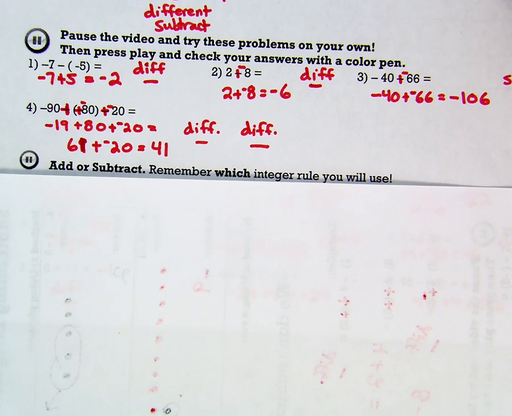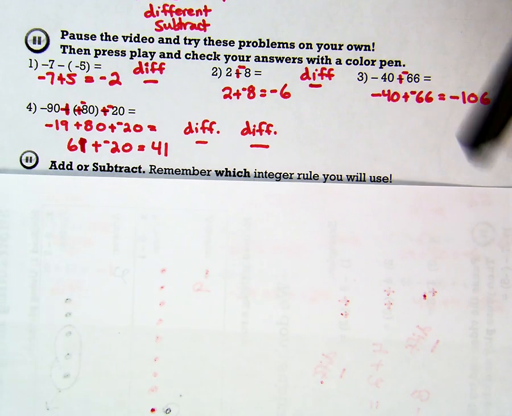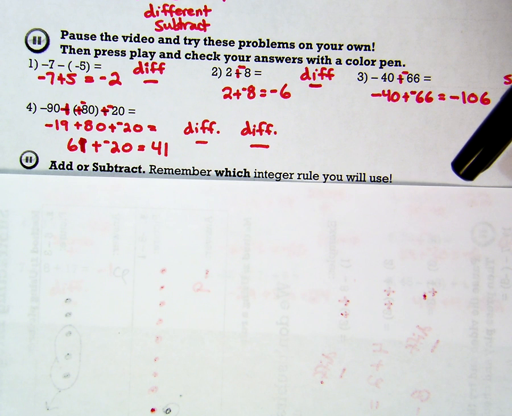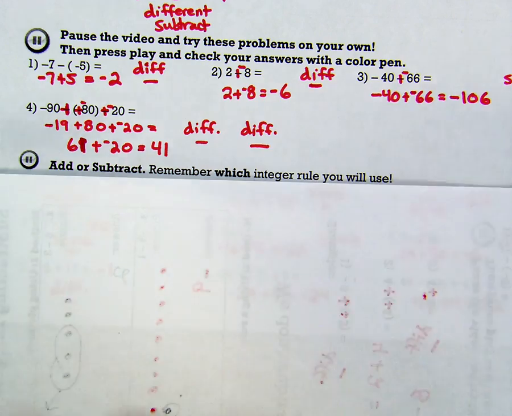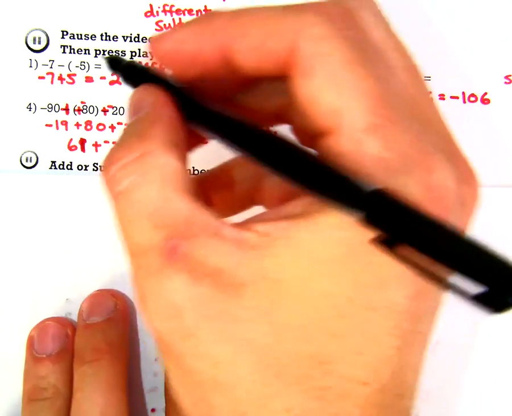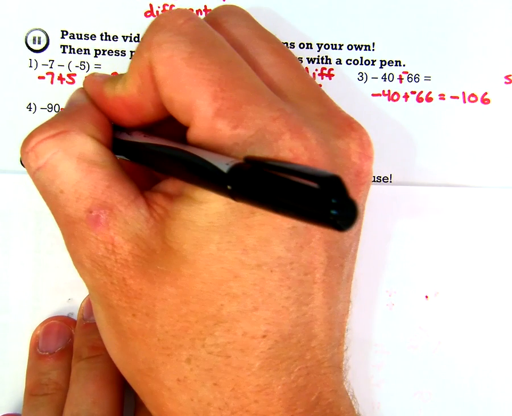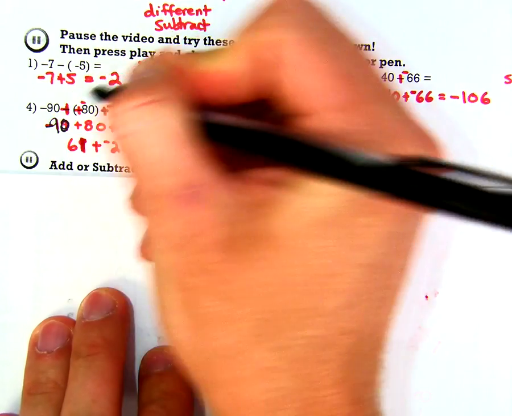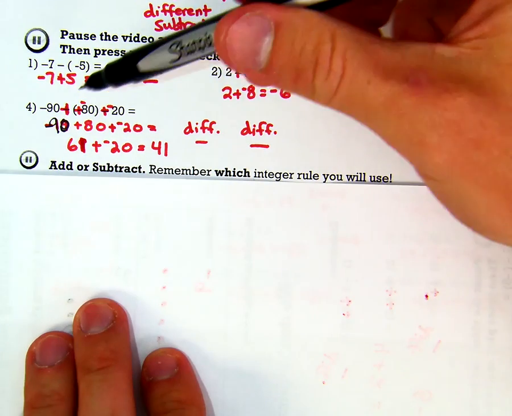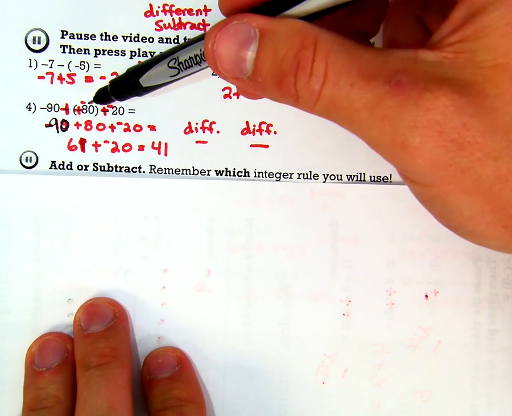All right, number 4. I've got negative 90 plus... looks like I wrote that one wrong. Go ahead and make an adjustment to that one. So it's not negative 19, which I had, it should be negative 90, and it was minus negative 80.